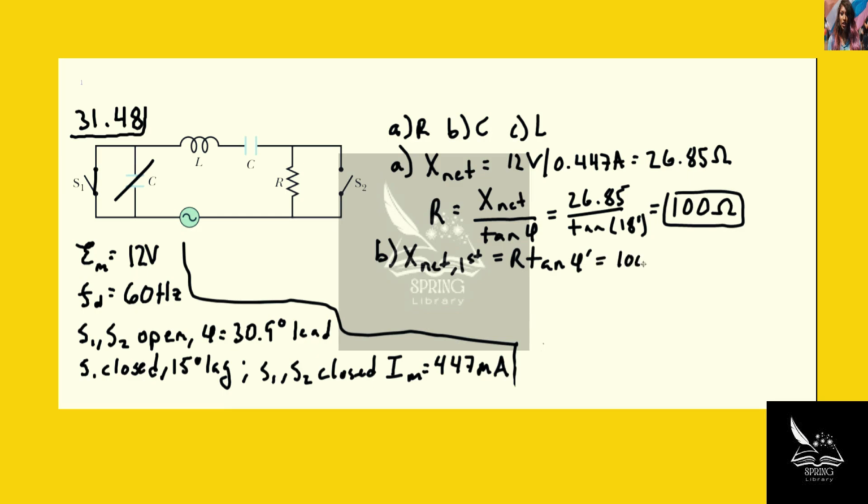So this is 100 ohms times the tangent of negative 30.9 degrees.